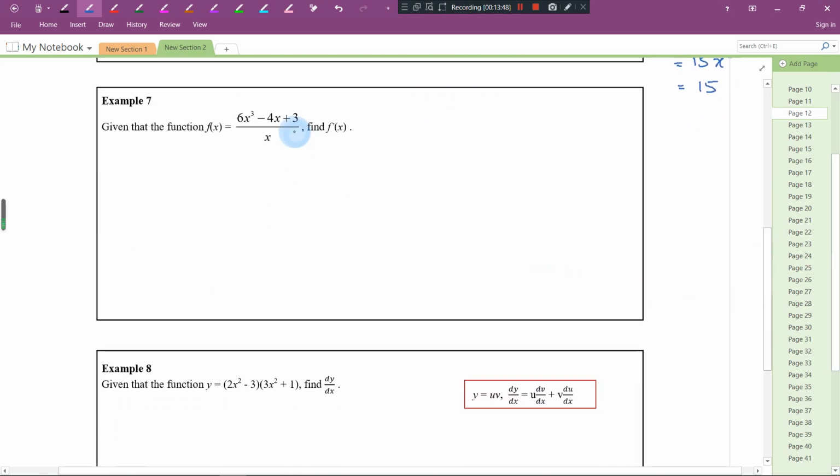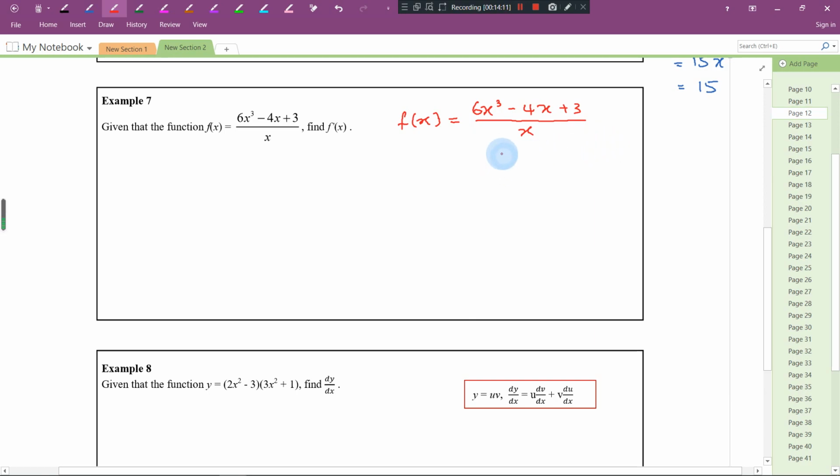Okay, how to find the first derivative of this? Let me copy first. f of x is equal to 6x cubed minus 4x plus 3 over x. Okay, remember, don't do it this way.